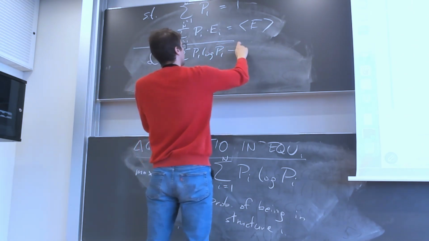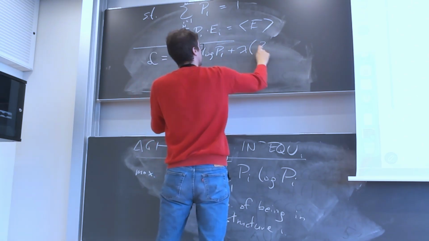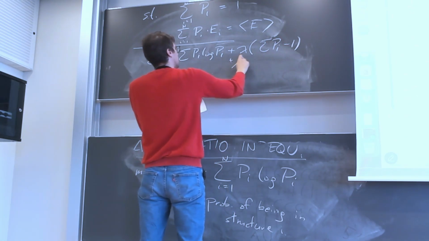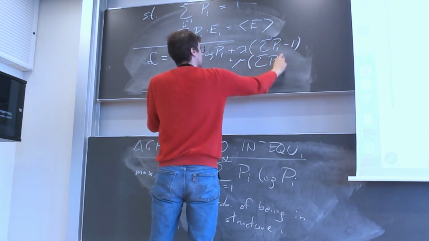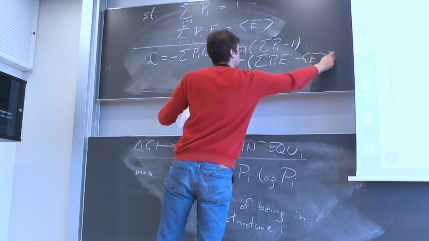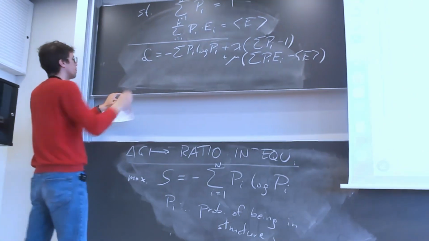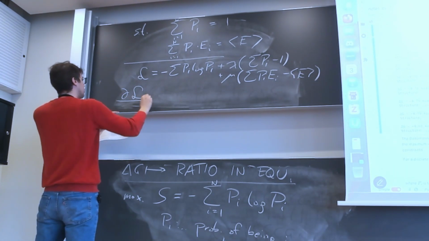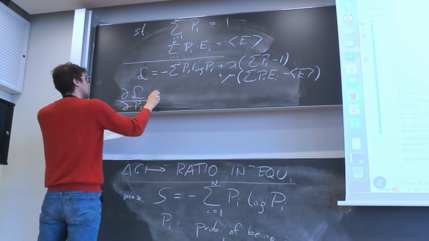And then we have the lambda of the first constraint being 0, Pi minus 1, let's say mu, and this is the second constraint, Pi EI minus E. Then we know that all the partial derivatives have to be 0 at the optimum, and with respect to the PIs, and this will be enough.